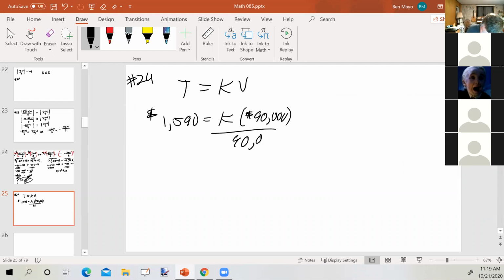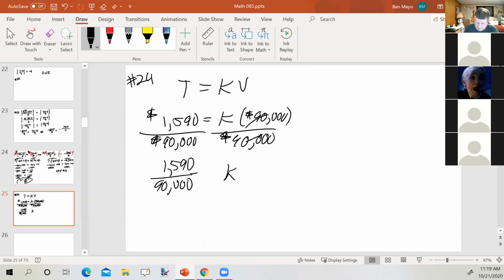We'll divide both sides by $90,000. So K equals 1590 over 90,000. Again, I could reduce that, but I'm not going to bother. So T equals 1590 over 90,000. If they were asking us for K just specifically, then I would reduce that.